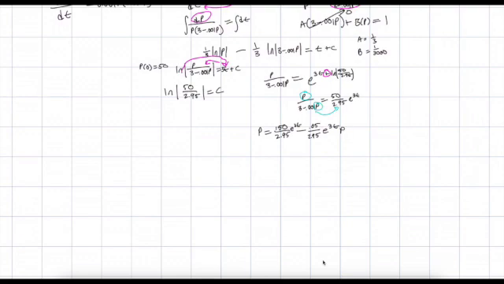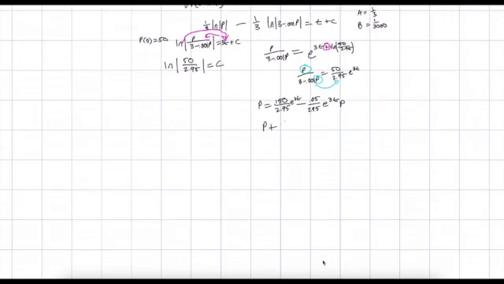So now I'm going to add this term over. So I get p plus 0.05 over 2.95 e to the 3t p is equal to my 150 over 2.95 e to the 3t. All right, now we're almost there.